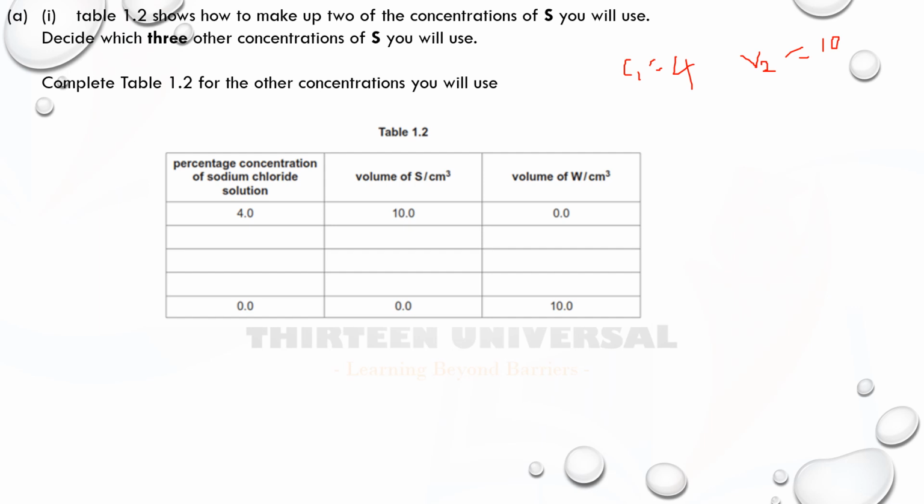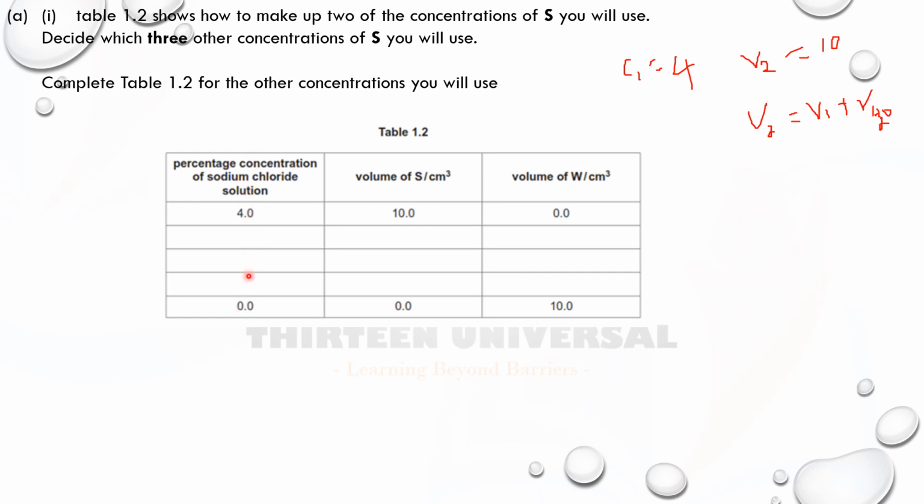Therefore, our V2 is V1, which is volume of stock, plus volume of water. So now, if I want to get the first one, this is going to be because we're looking at different concentration and serial dilution from 4 to 0.